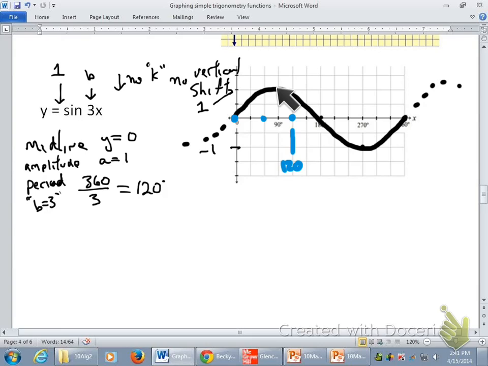I reached 1. So what's half of 60? 30. So I've got to get all the way up to 1 at 30, and then back down again. That means at 90, I have to be down to negative 1. And that's what one period would look like.